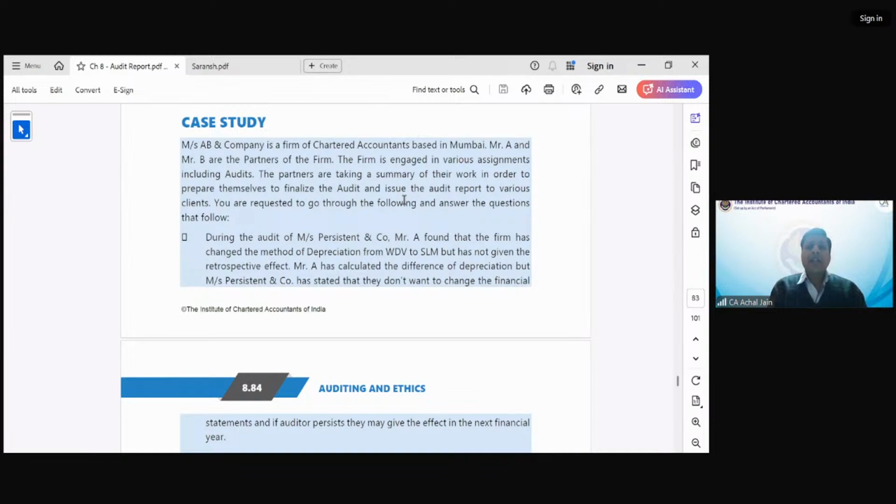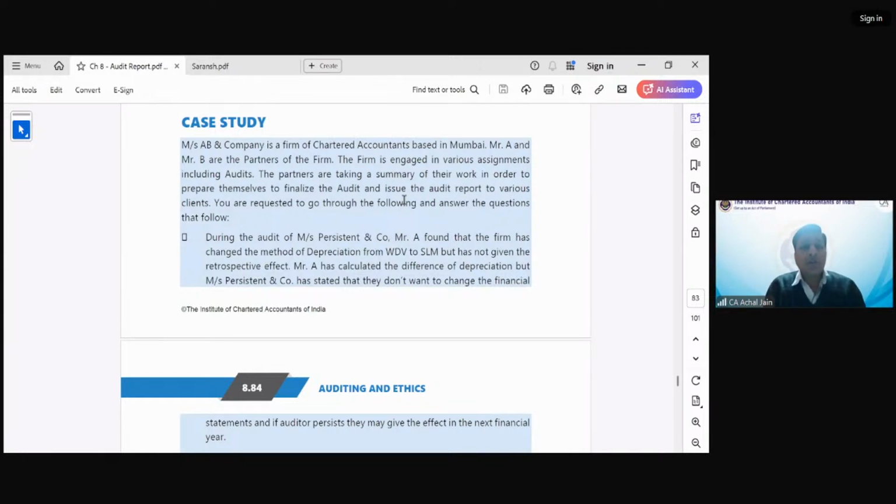The partners are taking a summary of their work in order to prepare themselves to finalize the audit and issue the audit report to various clients. So it appears that they have completed a few engagements. We are not talking about only one engagement right now. They have completed a few audits, and they are in the process of wrapping up and finalizing so that they can issue the audit report.